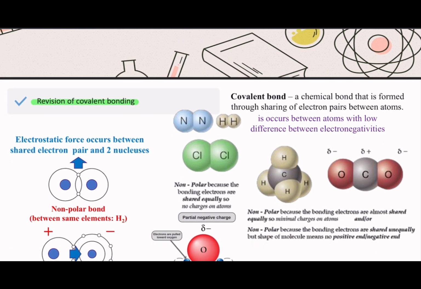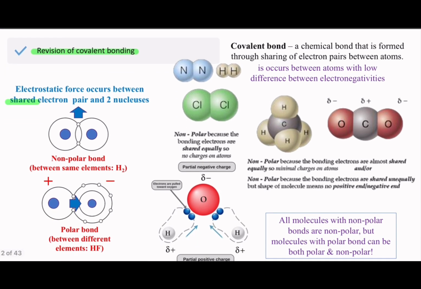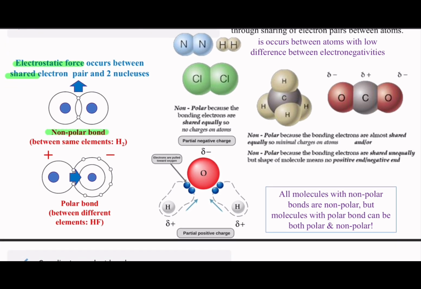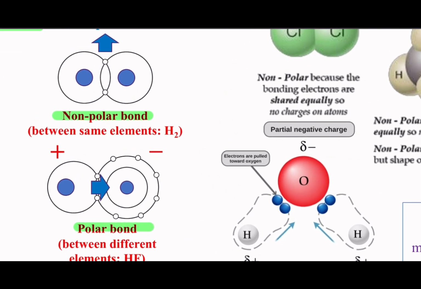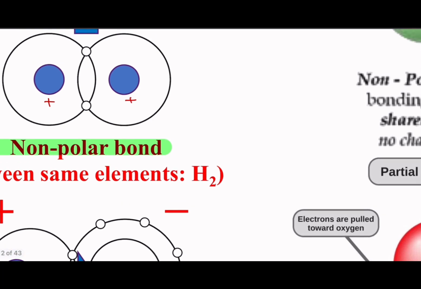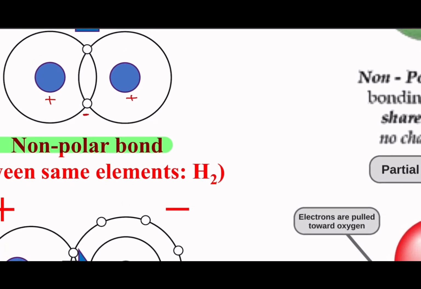We know that covalent bonding happens through the sharing of electrons, and in ionic bonding we lose or gain electrons. When you share electrons, you still have an electrostatic force, whether it's a nonpolar or a polar bond, and I will show you how. For example, the nucleus is positively charged while the electrons are negatively charged.